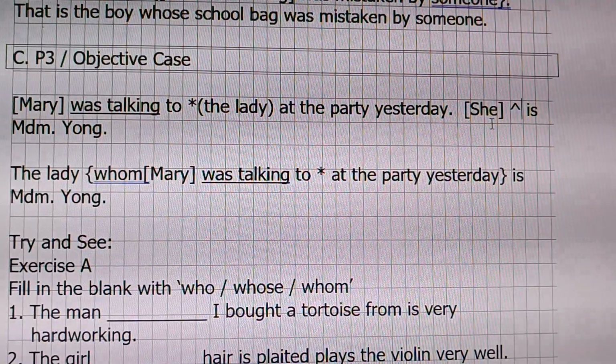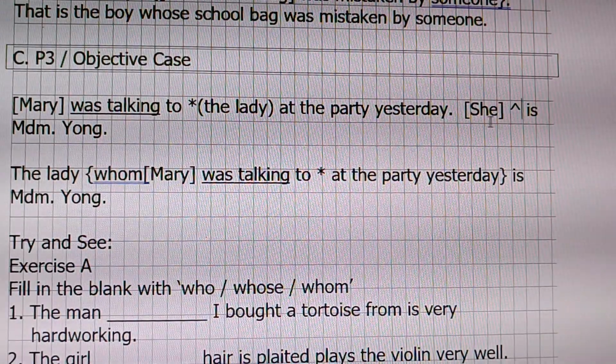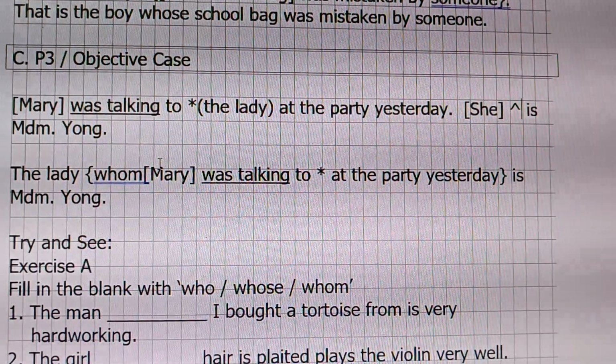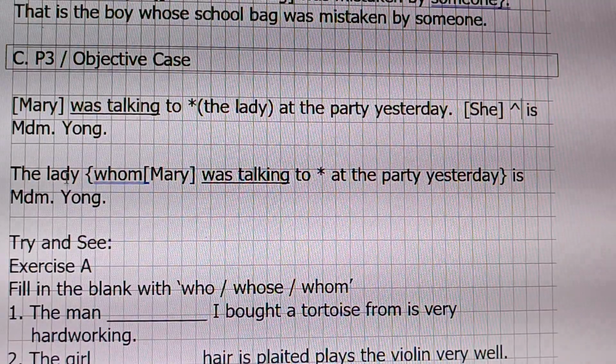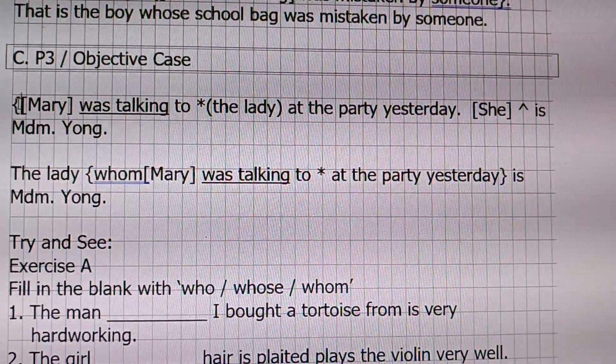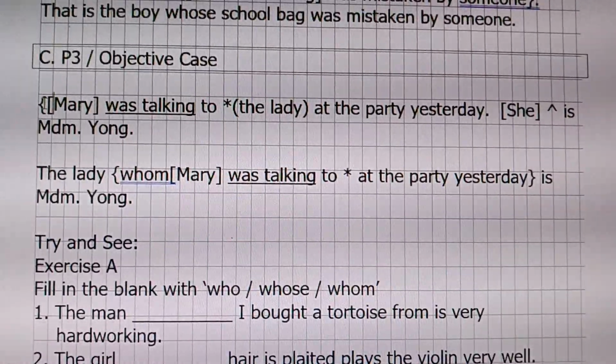So she is the lady, right? She is the lady whom Mary was talking to. You don't mention the lady again. At the party yesterday, the lady whom Mary was, this is the subordinate clause.